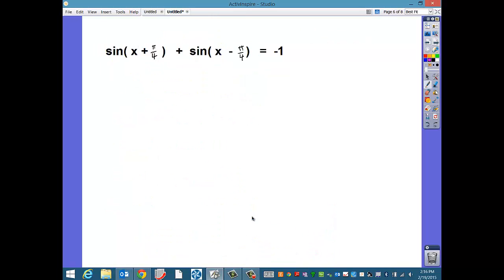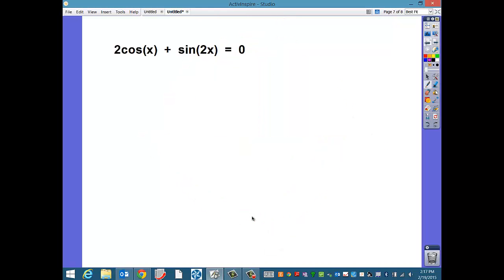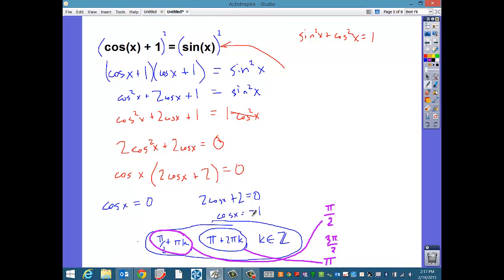If we look at the unit circle and we say, what angles make cosine either 0 or -1? We have 3. 1, 2, 3. So it looks like as far as angles go between 0 and 2 pi, these are the 3 that solve our equation. These are the 3, right? And any other solutions would have to be coterminal with these 3.